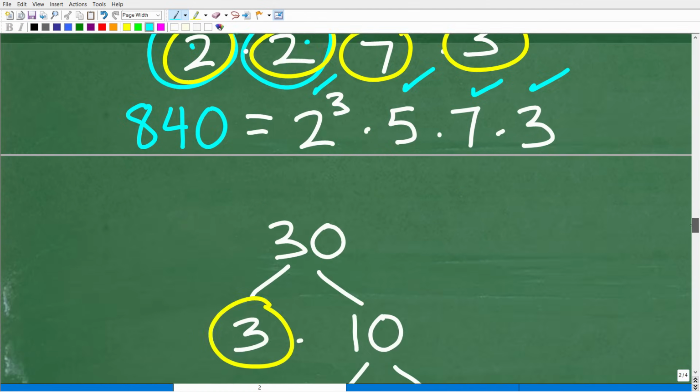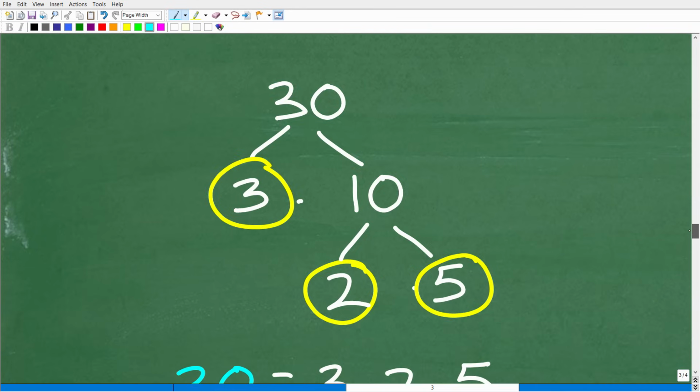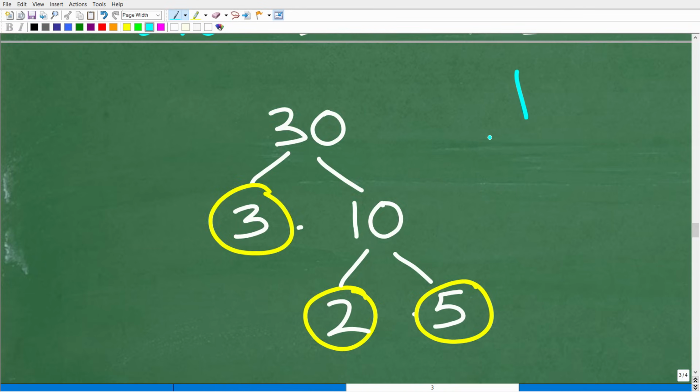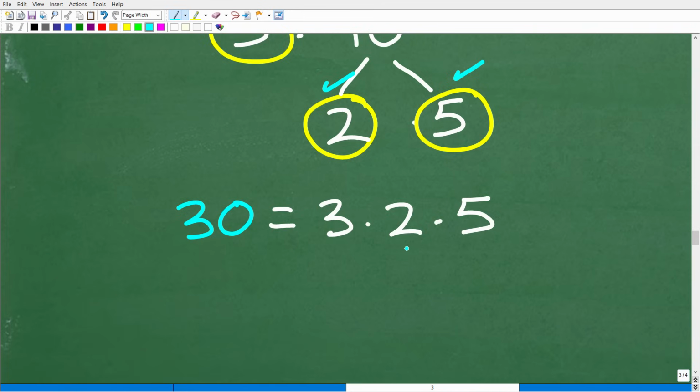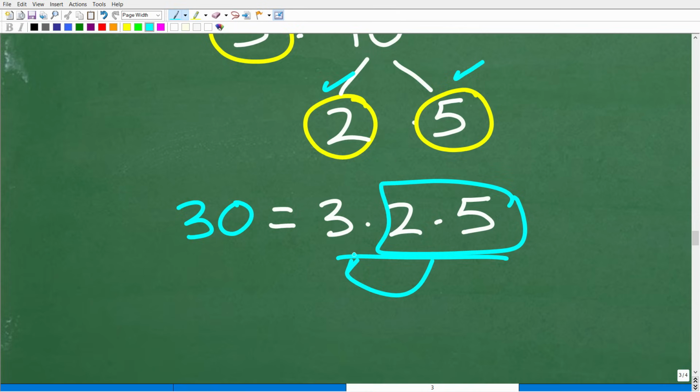Now we need to look at the prime factors of 30, because we're dealing with the fraction 1 over 30. 30 is 3 times 10, 3 is prime, and 10 is 2 times 5. So 30 is equal to 3 times 2 times 5.